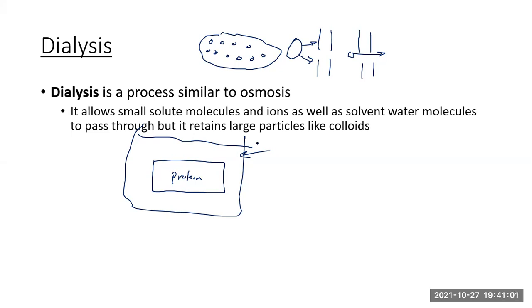Again, for example, if you're studying something that's maybe in your stomach, that's more of an acidic environment. So you may take a protein and let it sit in an acidic solution and put it in a dialysis bag where the protein really can't escape, but it will allow the more acidic solution to flow in and out of the bag and equilibrate the protein to that environment.